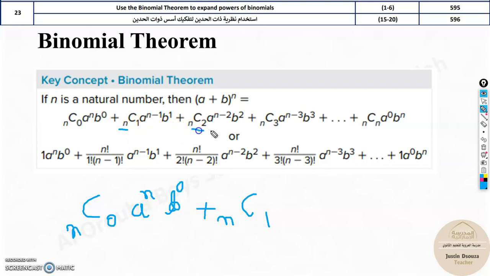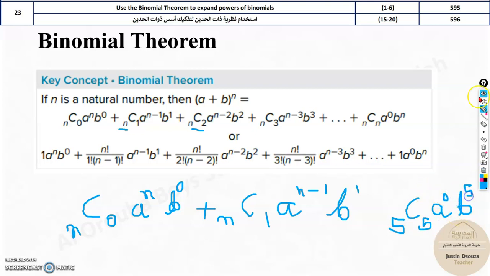Look carefully over here, only the r changes. The degree of a reduces by 1, b increases by 1, and that's how it goes on. Whenever you reach nCn, you stop, because a will become n minus n, that is 0, and b will become the maximum power n, that's the degree. So there you stop.